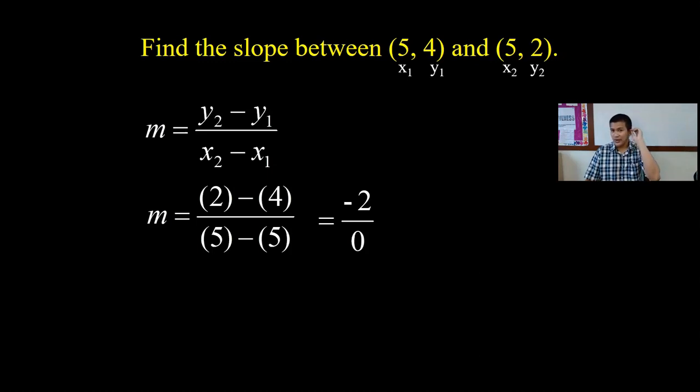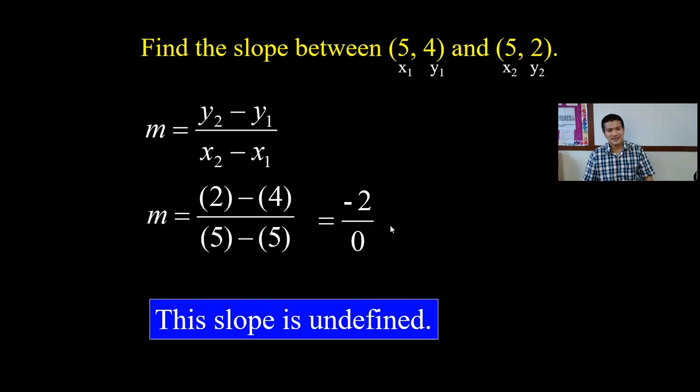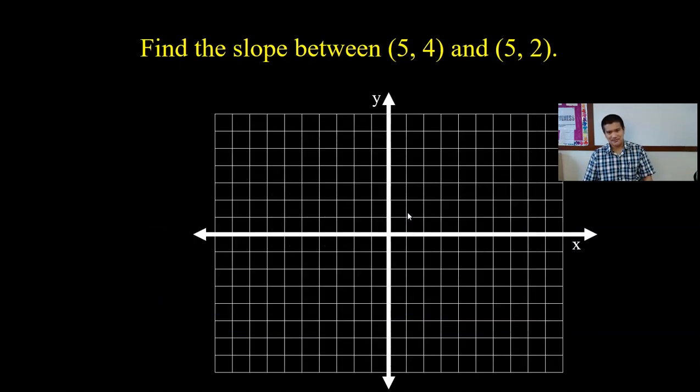Remember that when the denominator of a fraction is equal to 0, that is undefined. So the slope now is undefined because it goes this way. We don't have the run, only this point. If it is this kind of line, the values of x are equal, therefore that one is undefined.